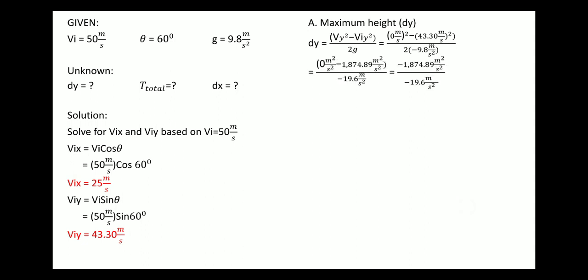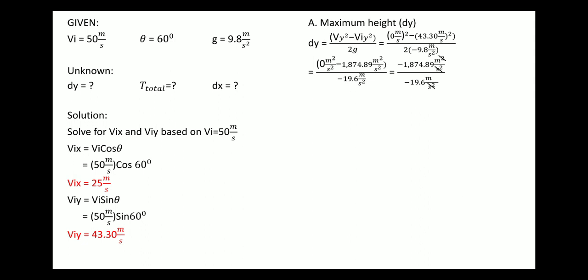Now, the first thing to do is to get the square of 43.30, and that is 1,874.89 meters squared over second squared. Then 2 times negative 9.8 is negative 19.6 meters per second squared. So 0 minus 1,874.89 meters squared over second squared, over negative 19.6 meters per second squared.